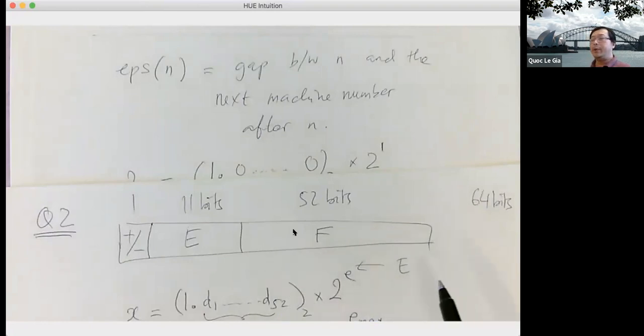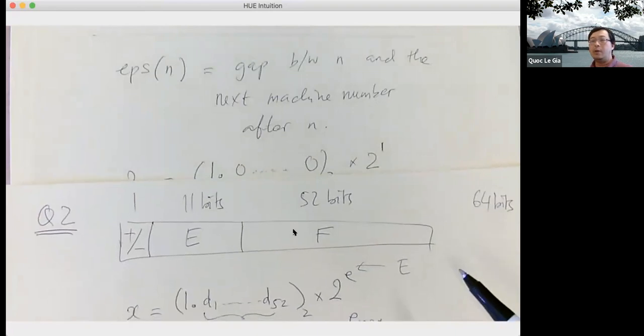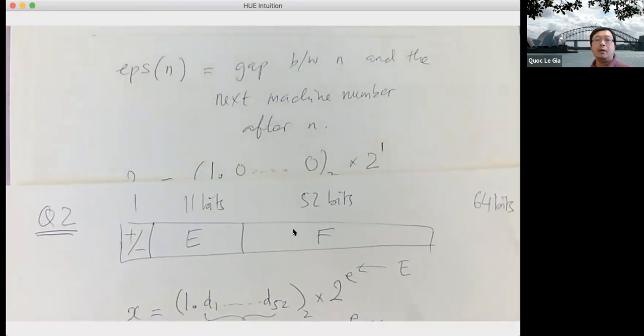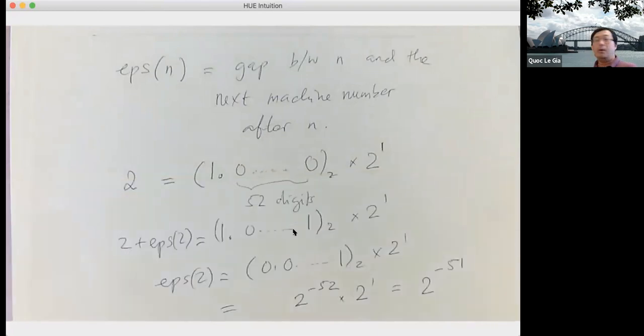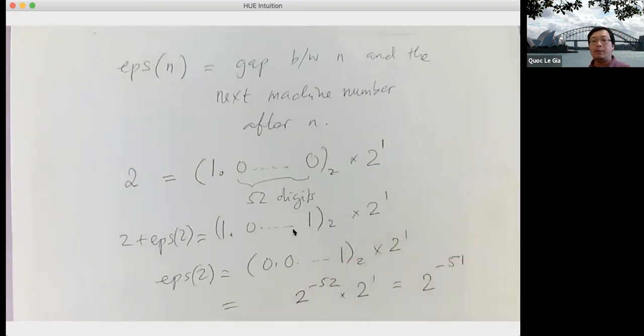For single precision it's a different number, but we don't use single precision in MATLAB. There is also quadruple precision, which is 128 bits, but we don't use it either. In MATLAB we just use 64-bit numbers, so we always have only 52 digits. So epsilon of 2 is 2 to the minus 51.